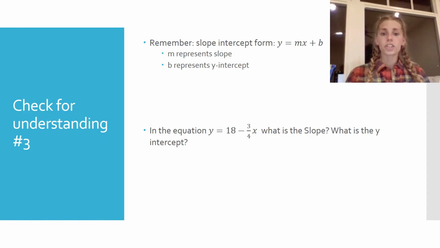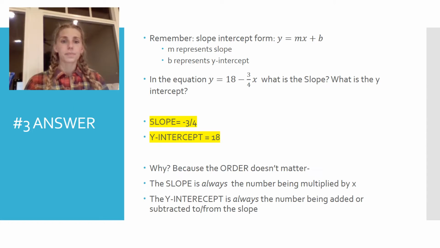All right, your third question is, in the equation y equals 18 minus 3/4 x, what is the slope and what is the y-intercept? All right, the answer to number 3, I'm guessing half of you may have gotten wrong, okay?